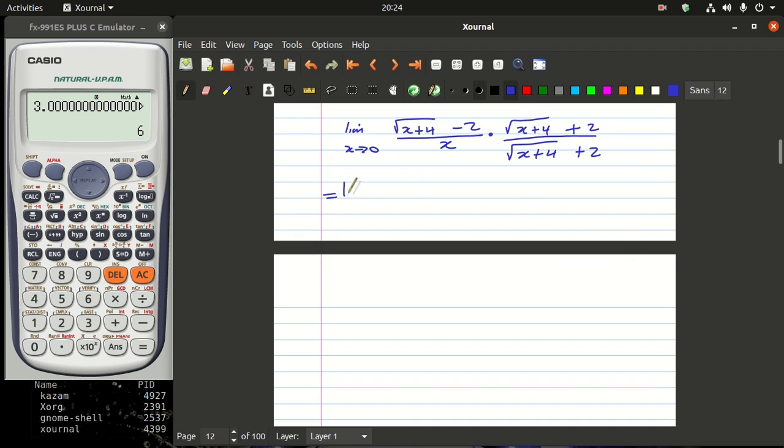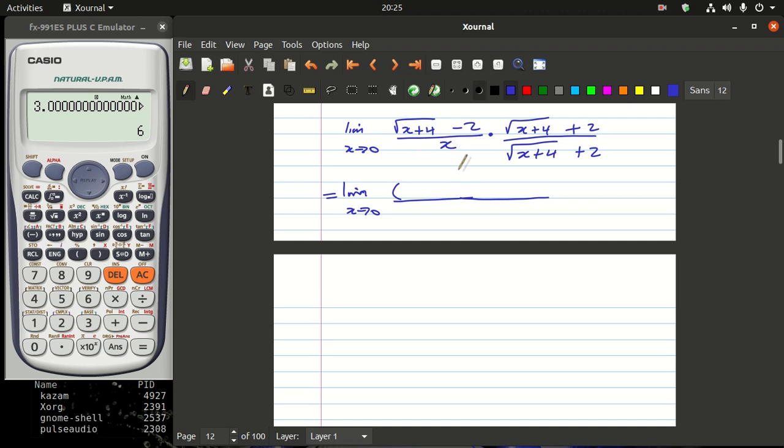So this is going to be the same as the limit as x approaches 0 of... let me say this again. Remember, the main goal was to cancel this x here, which was a problem because when I'm plugging in here I get a 0 in this whole thing, so I wanted to cancel that.